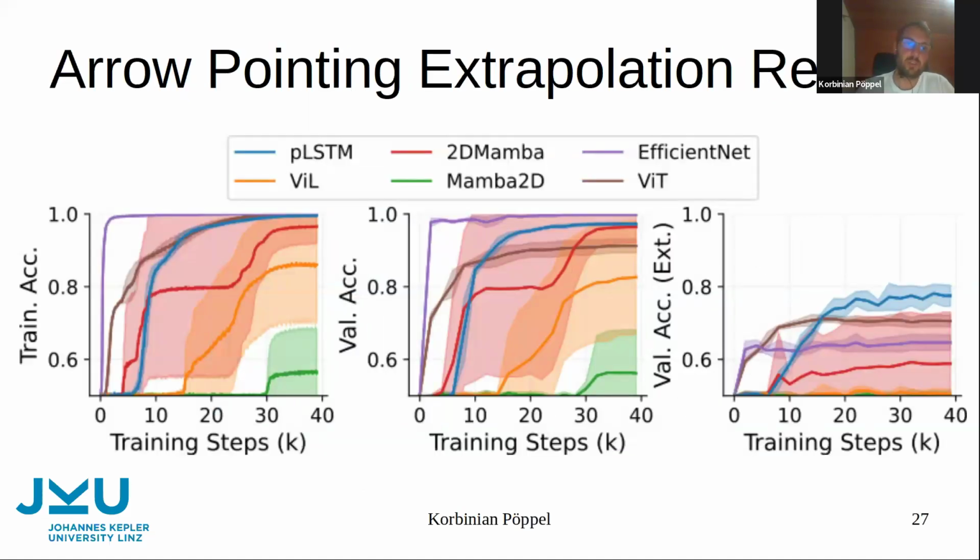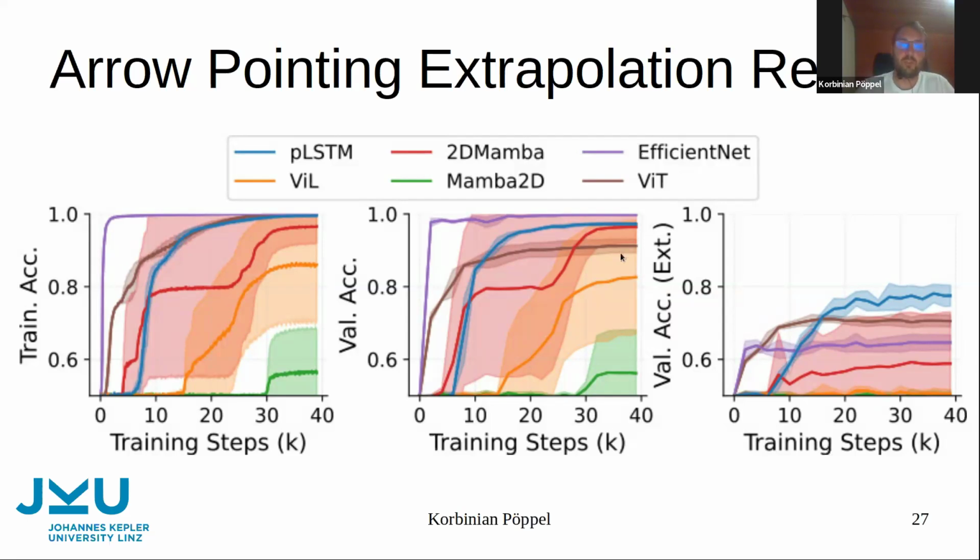And we can show that quite many networks can do very well in interpolation, so training on a certain scale and then also testing at that scale. Actually, EfficientNet, a very famous convolutional deep network architecture, is very good here when testing at the same resolution as we trained for.